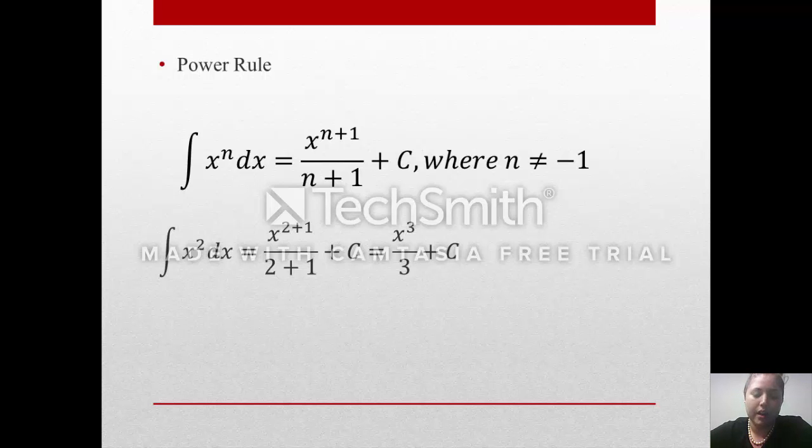If n equals -1, that is a special function, 1 over x, and that is the special derivative of the natural log of x. If we take n equals 2, we have the integral of x squared dx equals x to the 2 plus 1 divided by 2 plus 1, plus C. Simplified, that equals x cubed divided by 3 plus C.